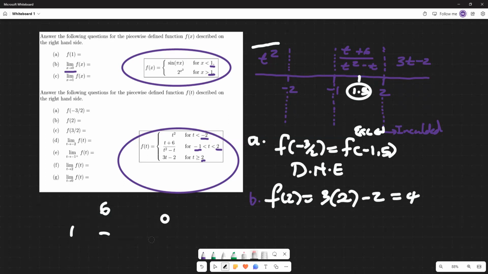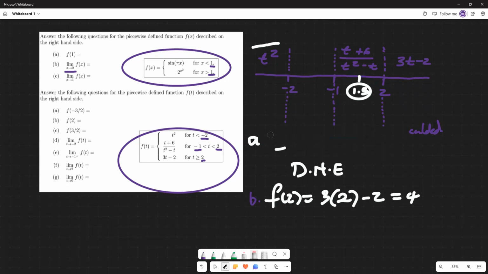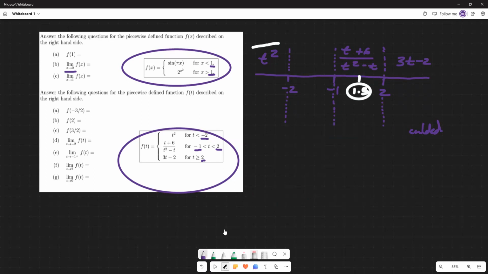Okay. We're going to do D. Remember the 2 is included there. On D, they want us to find the limit as t approaches -2.